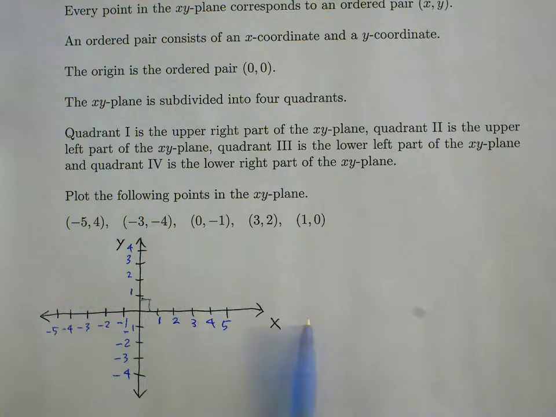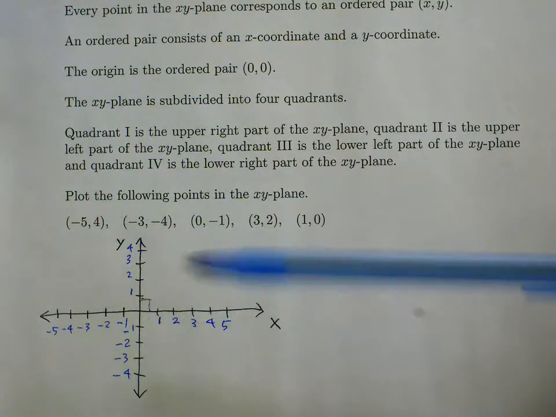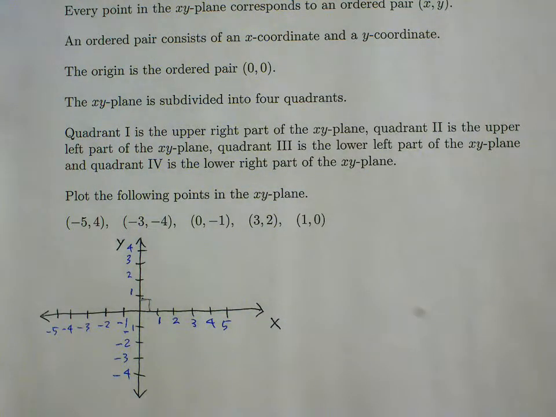The x-axis looks like the ordinary number line that we're familiar with, but the y-axis is also a number line. It's just a vertical number line. Okay, to plot the ordered pair -5, 4, we can do it systematically.